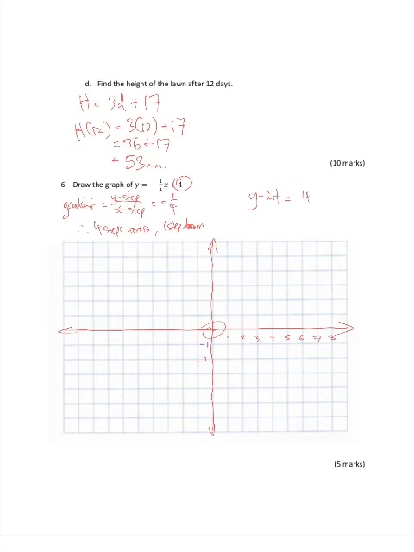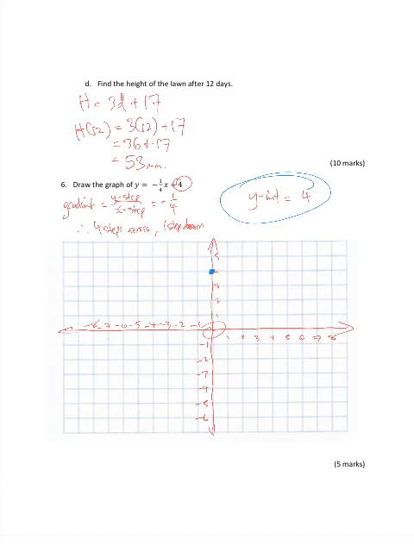Negative 1, negative 2, negative 3, negative 4, negative 5, negative 6, negative 1, 2, and then 1, 2, 3, 4, 5. So hopefully we can fit that on this graph. Yes, y-intercept of 4, it's there.